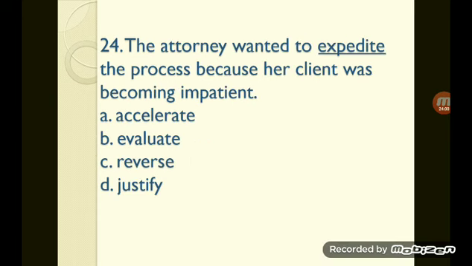Sentence number 24. The attorney wanted to expedite the process because her client was becoming impatient. So when somebody is becoming impatient, you want to hurry things up so as to relieve their impatience and to satisfy them.